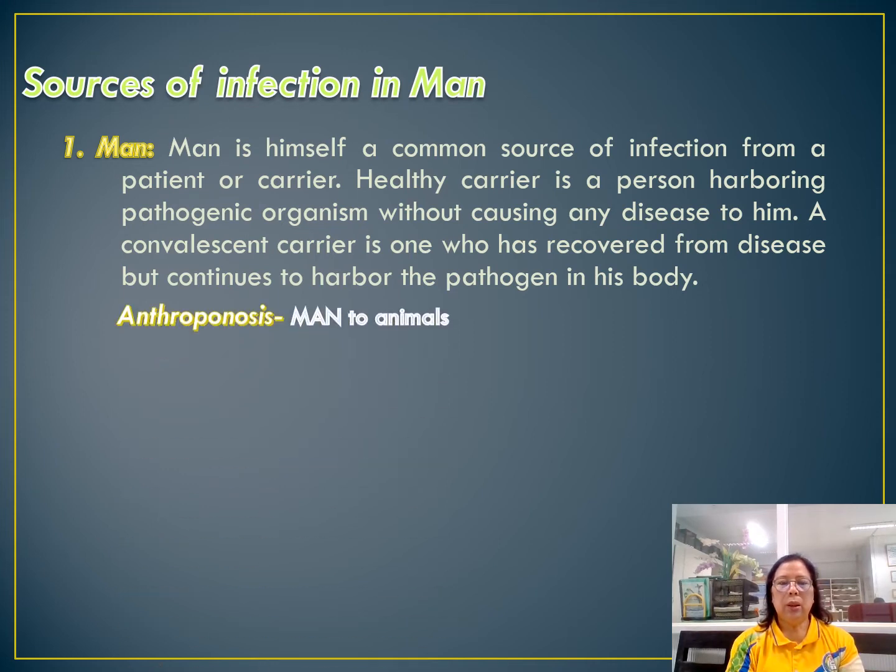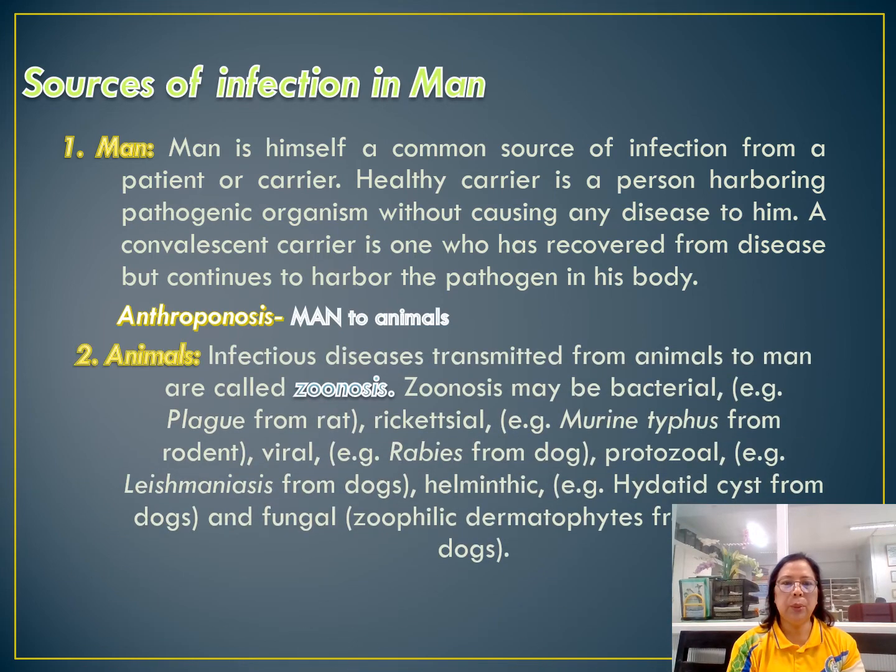The process of infecting an animal from man is what we call anthroponosis. So when the human is the one who causes the infection with microorganisms, we call it anthroponosis. Another source of infection are animals. The infectious diseases transmitted from animals to man are called zoonosis. So zoonosis may be bacterial.